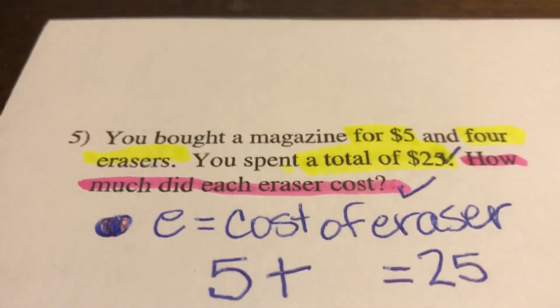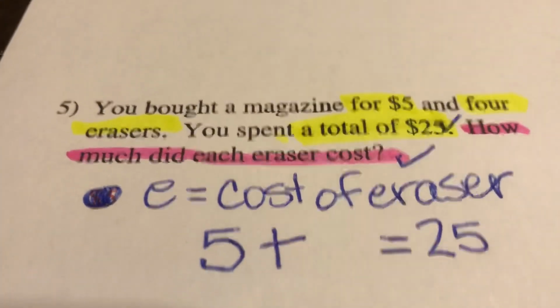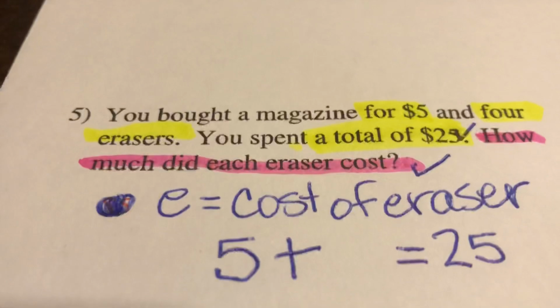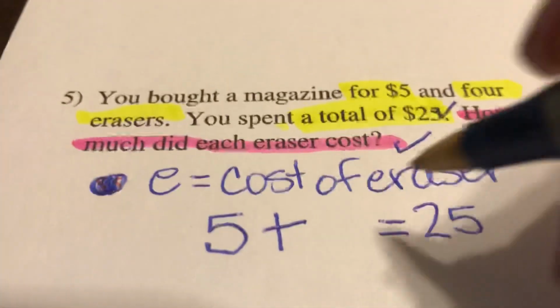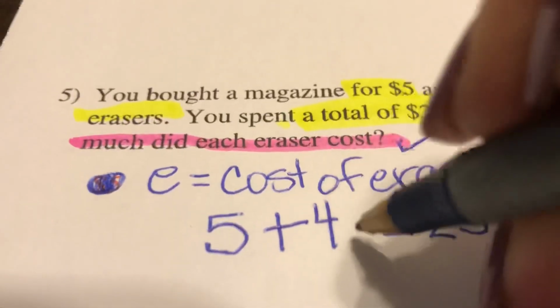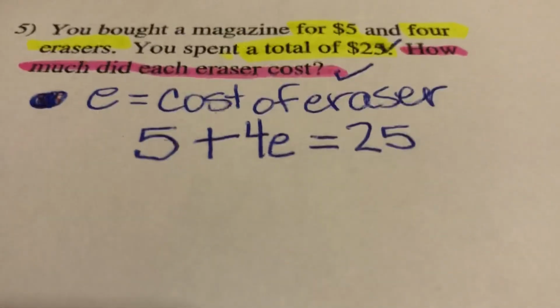Well, I don't know how much erasers are, but I know that we said we're going to let E be the cost of that eraser. I bought 4 of them, so that's going to be 4 times the cost of an eraser because we have to pay that for each of the 4. So that's going to be plus 4E. And there's my equation. 5 plus 4E is equal to 25.